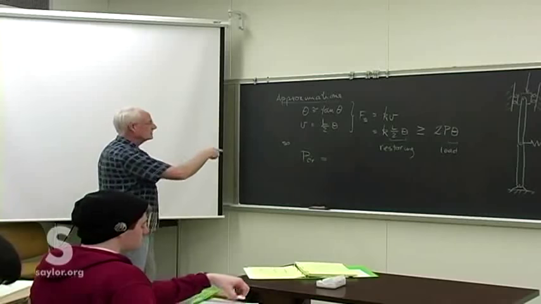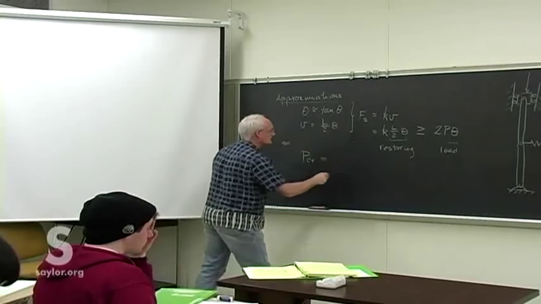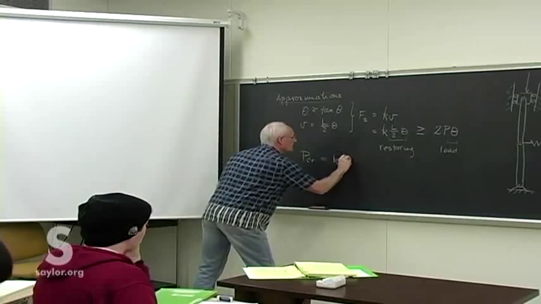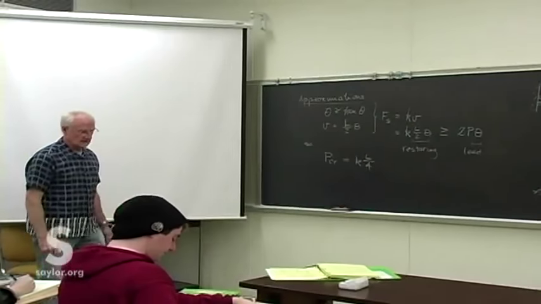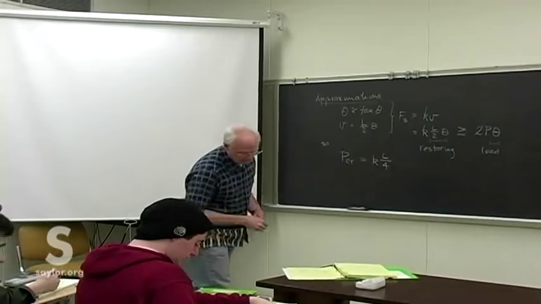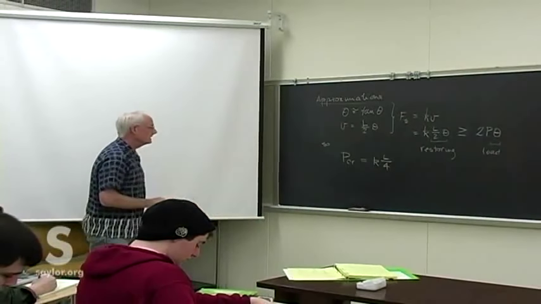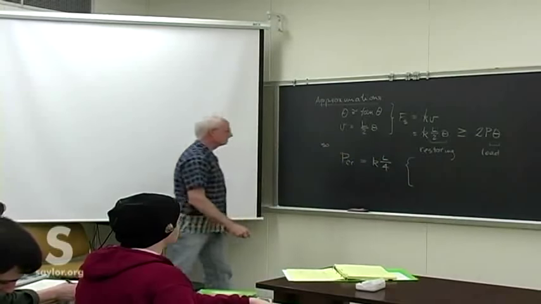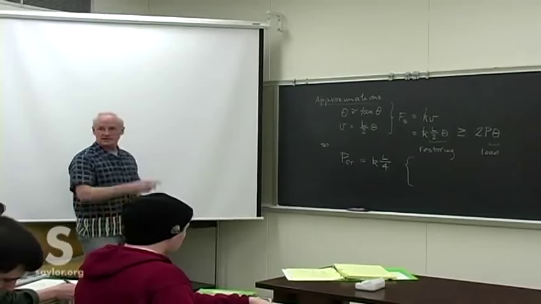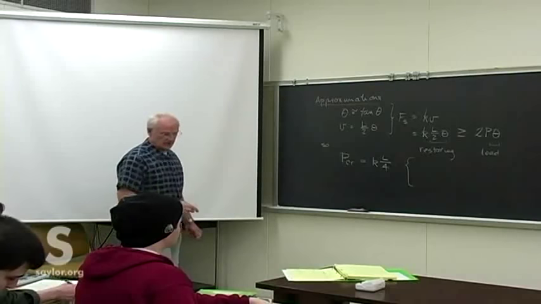Let's see, if 2 comes over, thetas cancel, we get KL over 4 as our design limit. Yeah, that looks okay. That's just the sort of turning point.